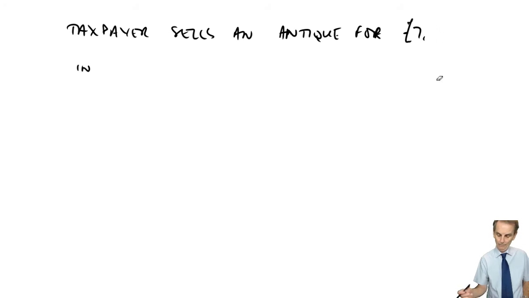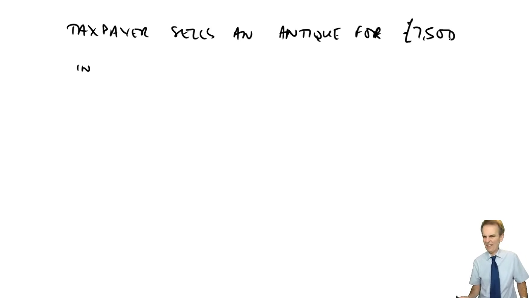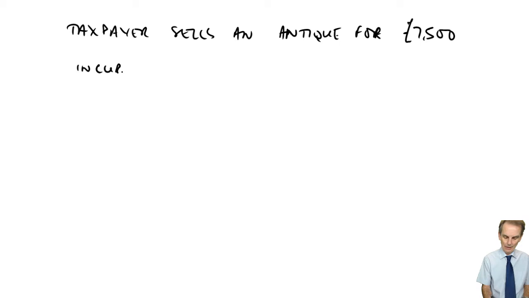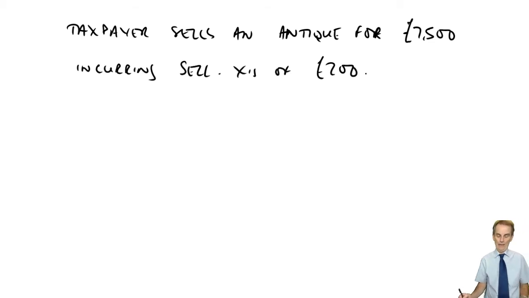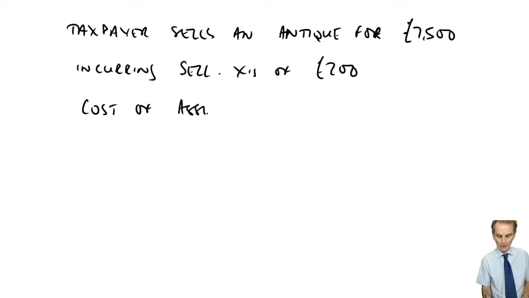Apologies there. 7,500. I want to keep the maths as easy as possible. 7,500, incurring selling expenses of £200. What you need to know, of course, is what was the original cost? Cost of asset was £3,000.